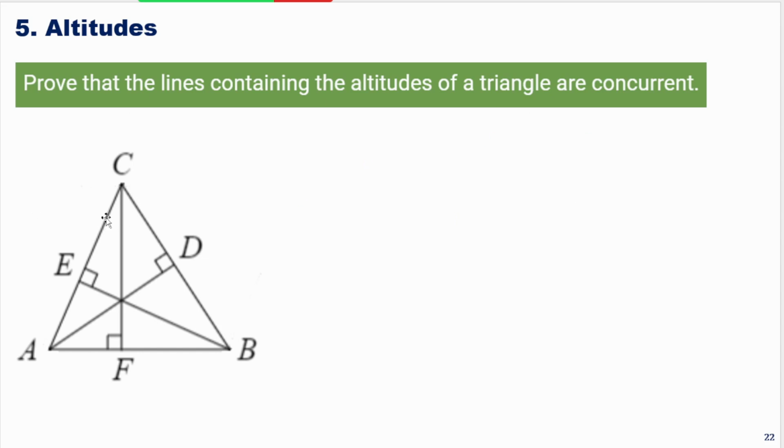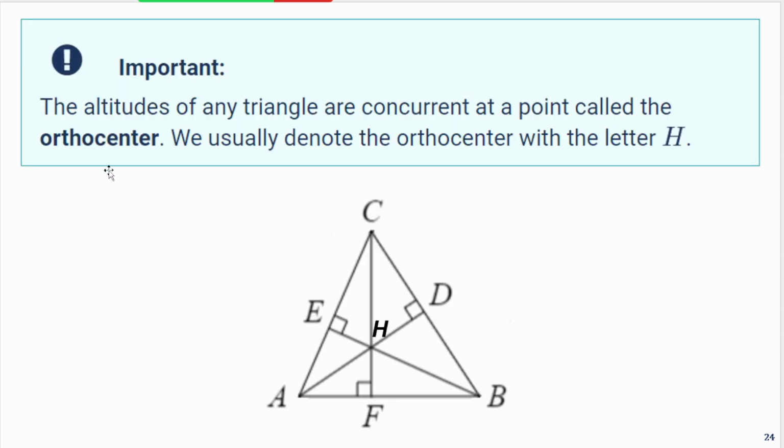Please consider how to prove this on your own after this class, okay? Well, actually, this is not difficult to prove. The altitudes of any triangle are concurrent at a point, and we call this point the orthocenter. We usually denote the orthocenter with the letter H.